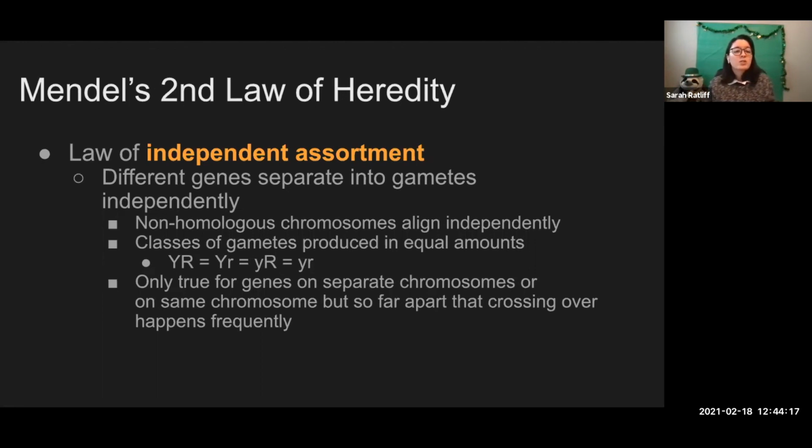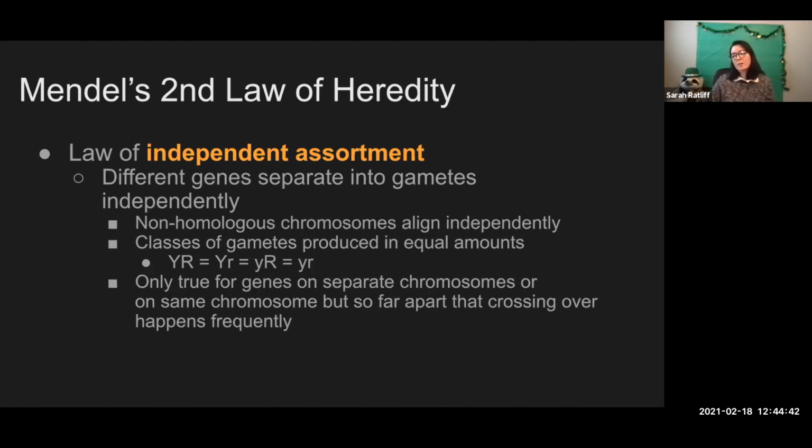This is only true for genes that are on separate chromosomes, like that number 4 chromosome and the number 18 chromosome. Or it can also happen if the genes are on the same chromosome, but very, very far apart, so far apart that crossing over happens frequently.